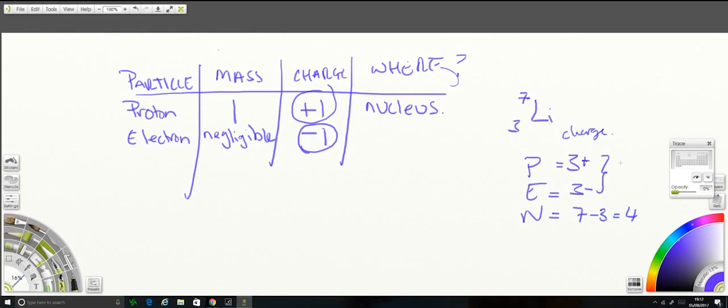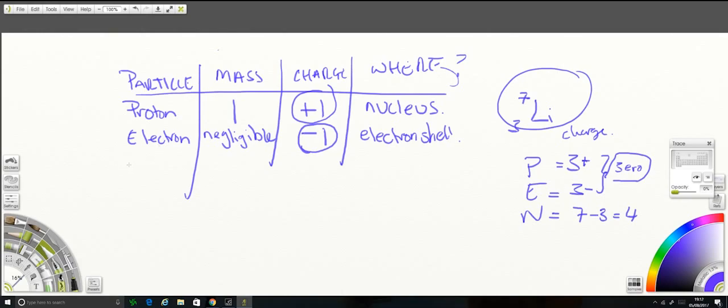It's 0. So overall, an element will have no charge. So lithium overall has no charge because the number of protons and electrons are the same and the charges cancel out. But back to the table now, where are electrons found? They are found in the electron shell.